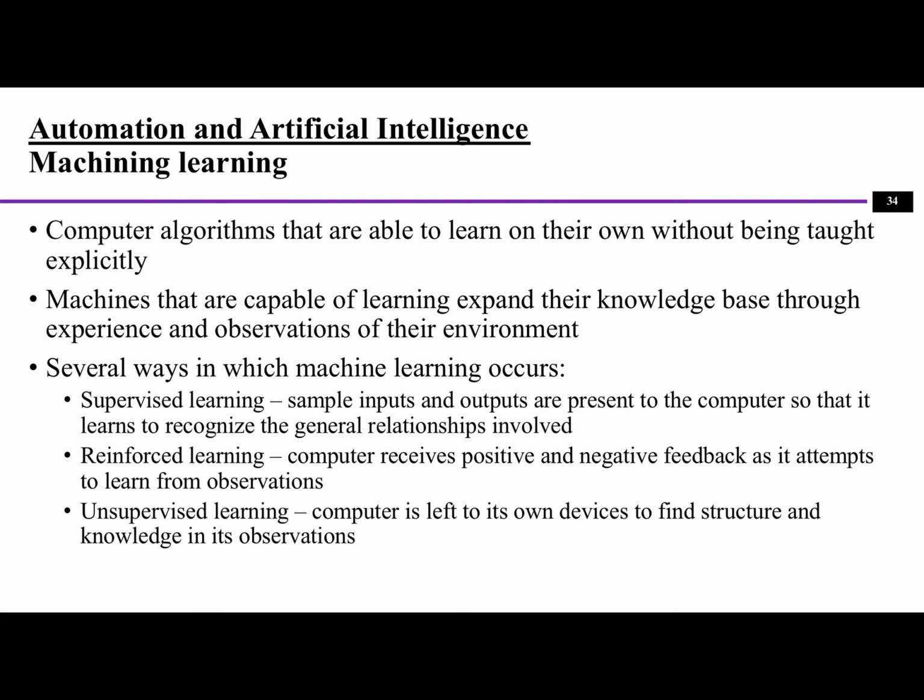And reinforced learning is when the computer receives positive and negative feedback as it attempts to learn from observations. So the computer will learn what to do, whether it is right or wrong, based on the behavior it did.